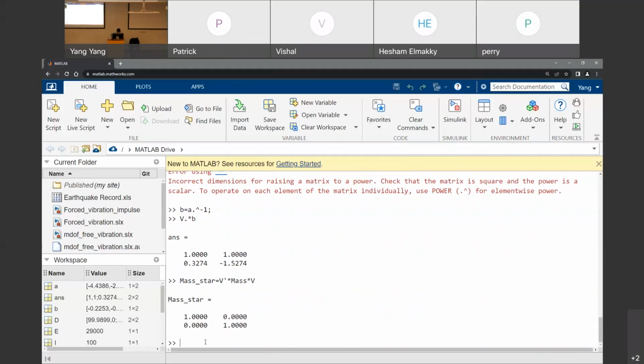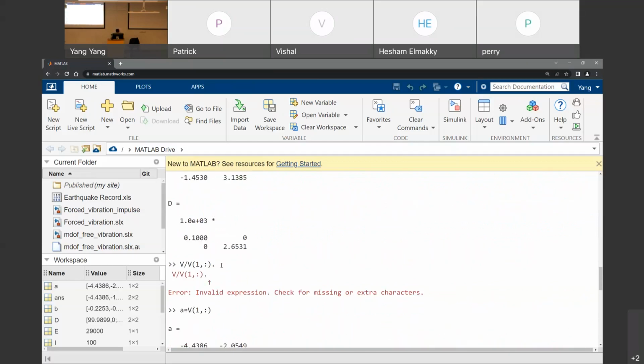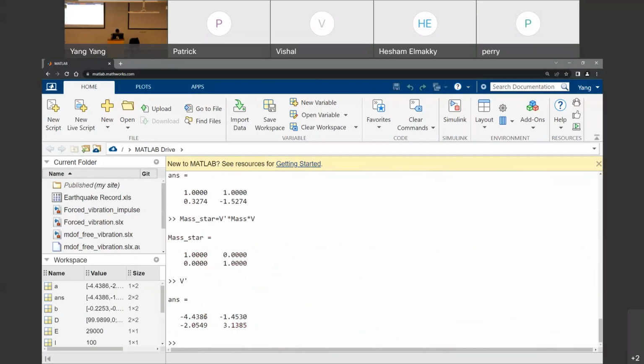Let's check the V prime here. Did you do an element-wise multiplication instead? Did you do a dot and then times? Oh, there will be no dot, because it should be a matrix product.